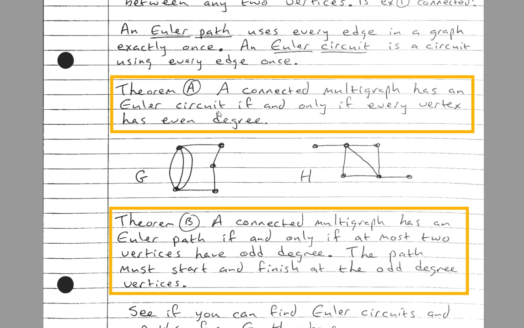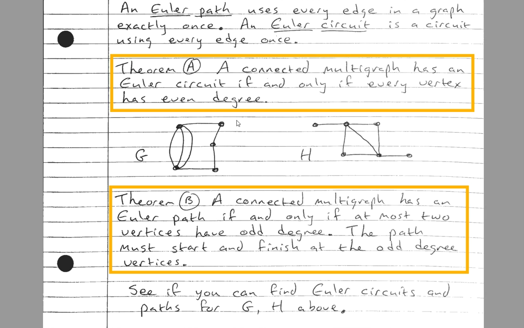We have these two nice theorems, it's classic graph theory. The first one: a connected multigraph has an Euler circuit if and only if every vertex has even degree. That's the theorem for circuits.